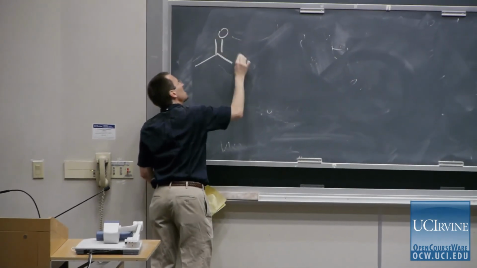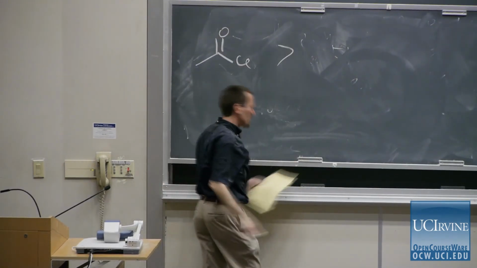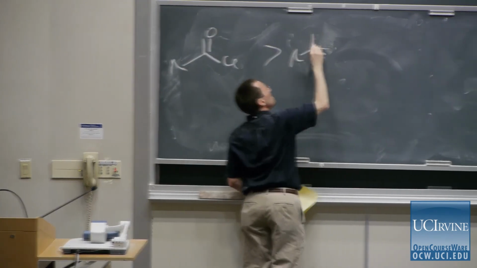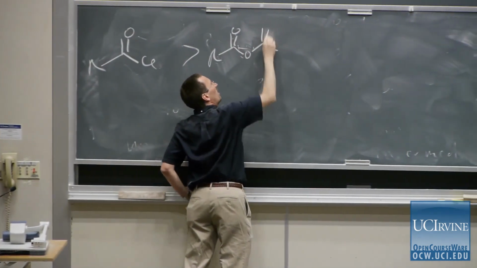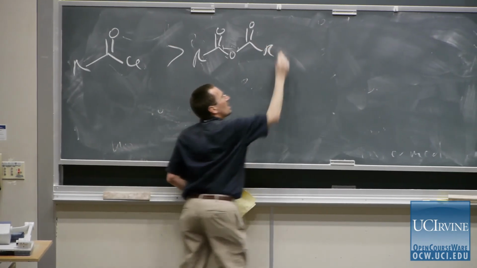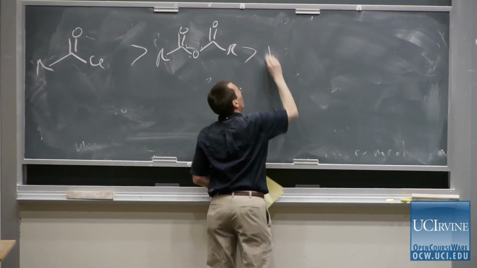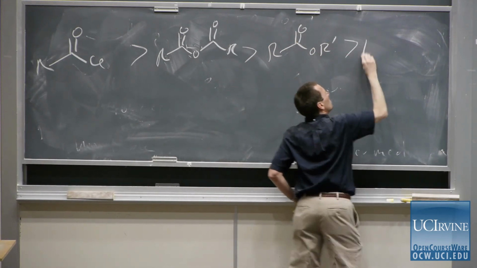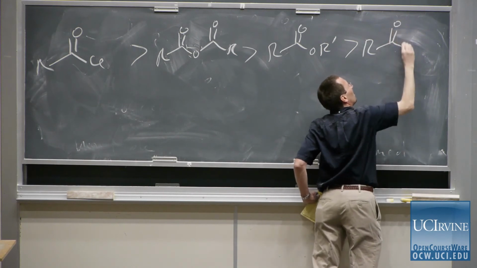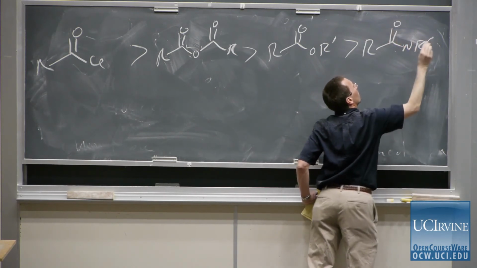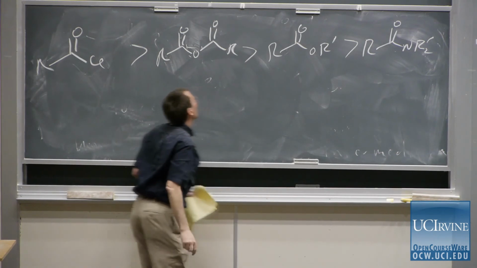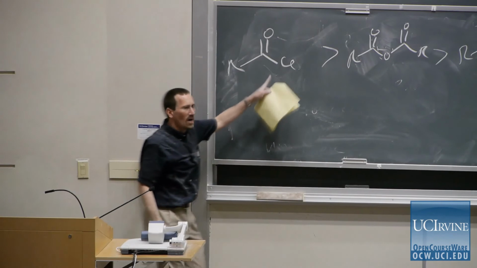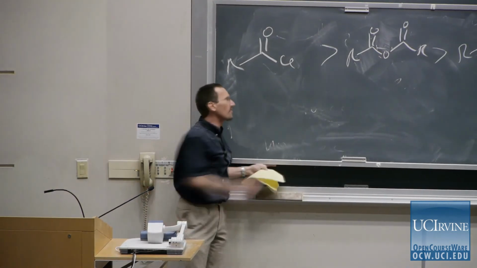We said that acid chlorides are more reactive than anhydrides, and those are more reactive than esters, and those are more reactive than amides. And that makes sense if you consider the pKa of the conjugate acid of the leaving group.